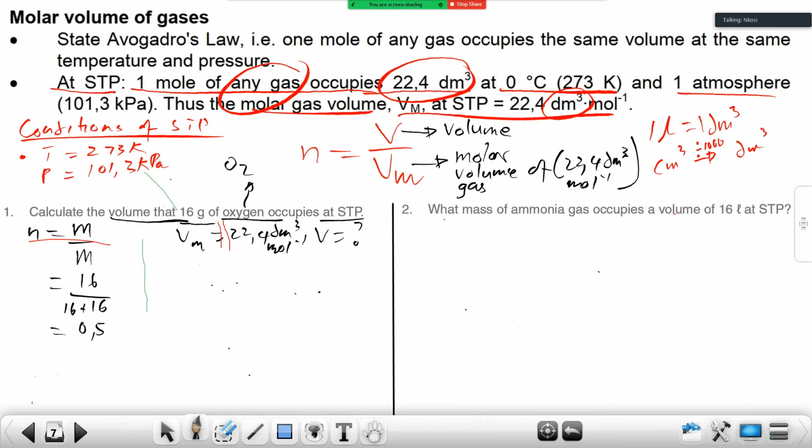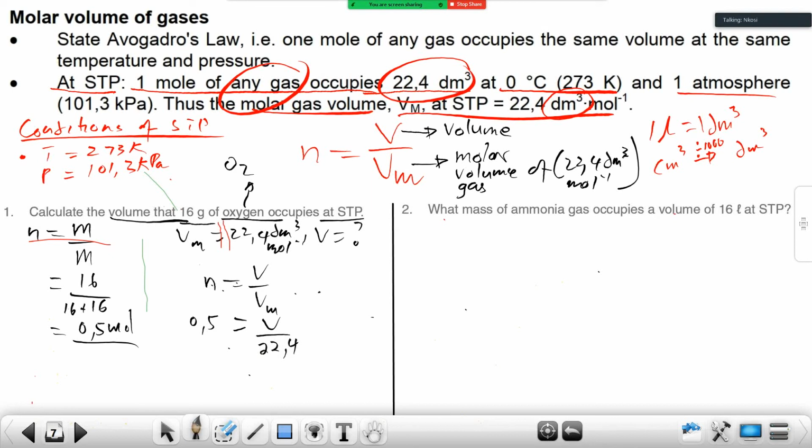So when we say 0.5 mole, it doesn't necessarily mean the Avogadro number will not apply. We are just going to quantify with the number of moles we have. So the volume of the gas that is going to be produced in this case will be V equals 0.5 multiplied by 22.4.